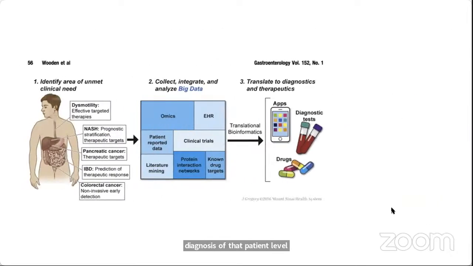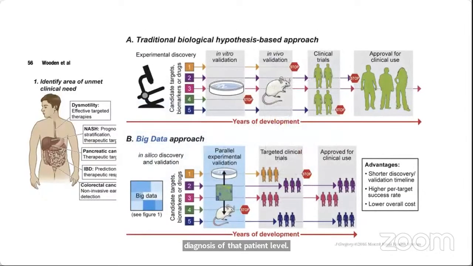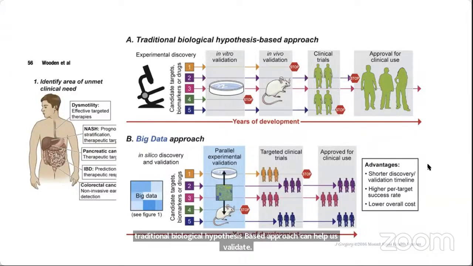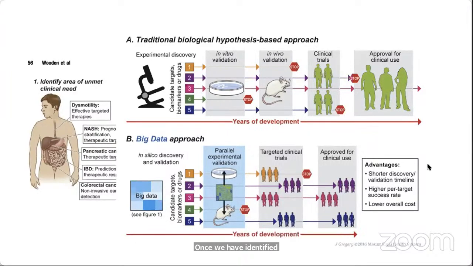So this, as I mentioned, has completely changed things, and it has given us a complementary information approach towards disease biology, where the traditional hypothesis-based biological approach can help us validate once we have identified specific markers and specific therapeutic response elements.